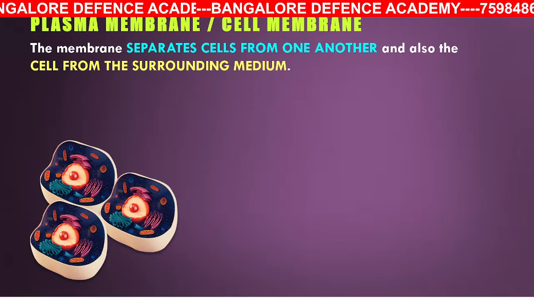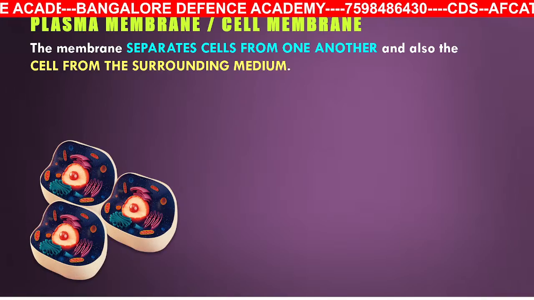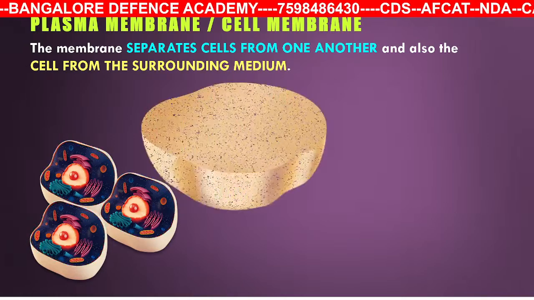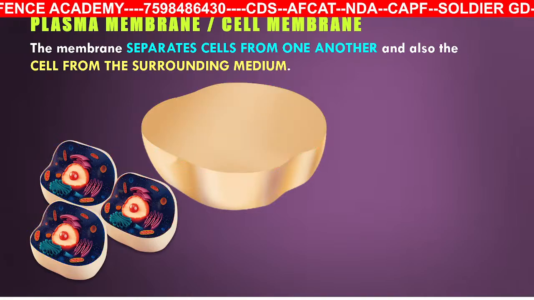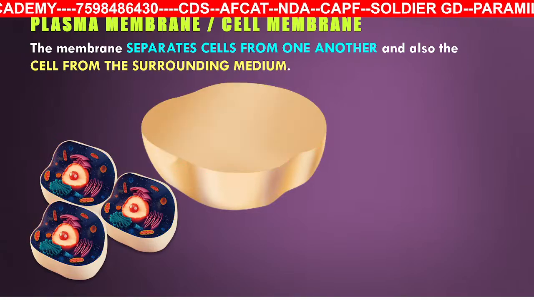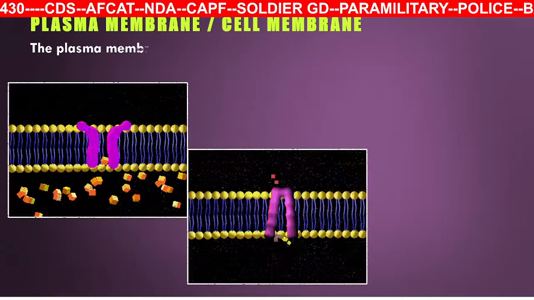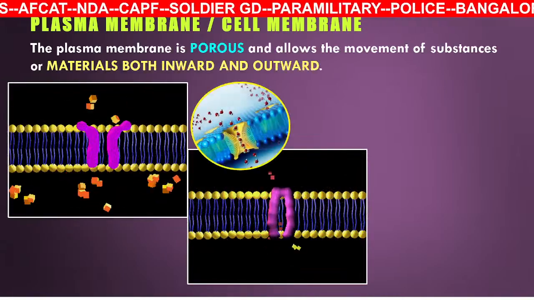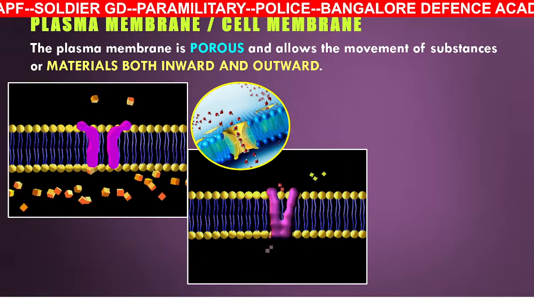Okay, look at this. The membranes separate cells from one another, and also the cell from the surrounding medium. So this yellow thing is called the cell membrane, and inside it everything is located. The plasma membrane is porous and allows the movement of substances or materials both inward and outward.